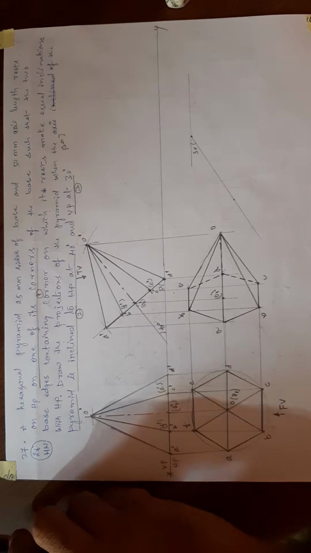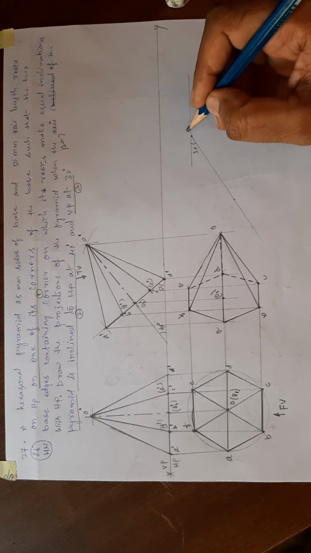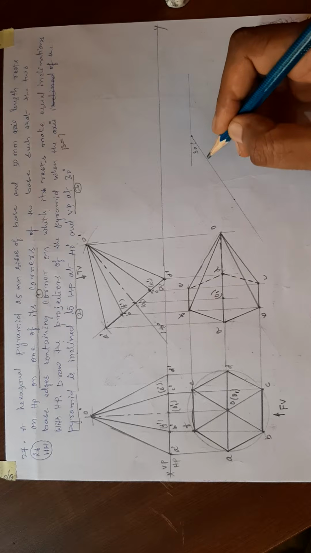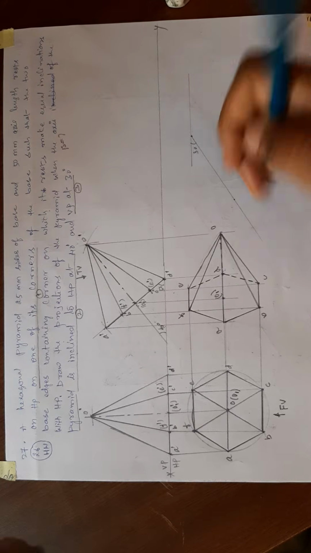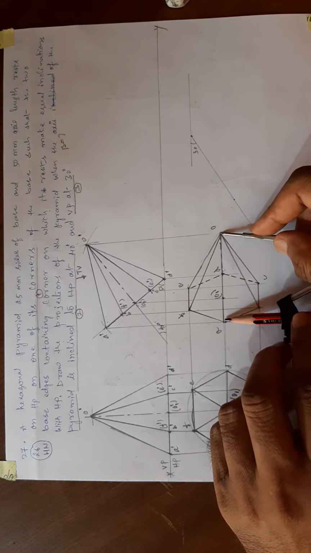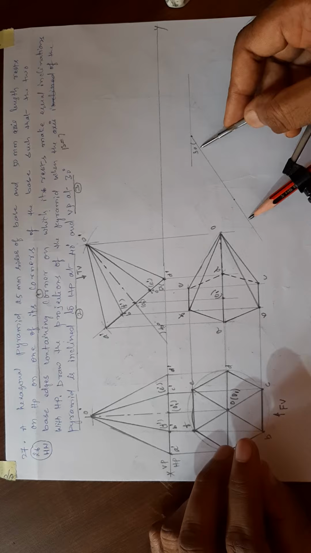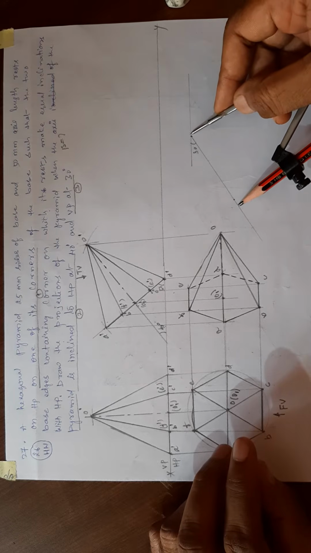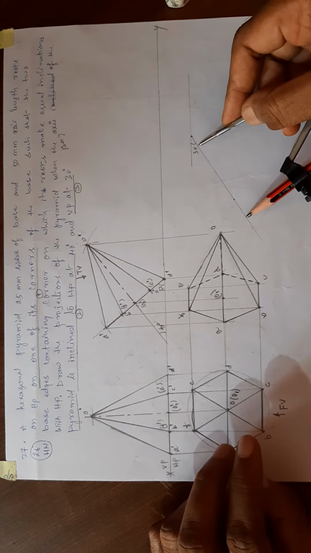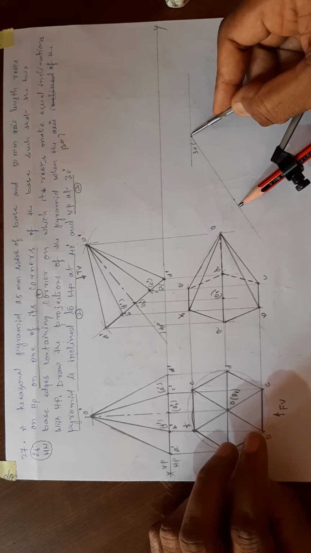Then you can take this as O, or somewhere you can take this as O. So O is the width, you see here. It is intersecting, so take this line.